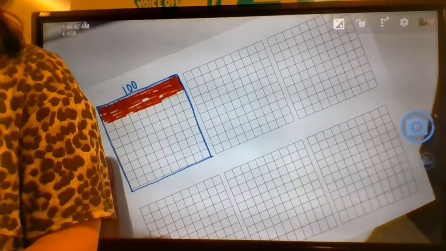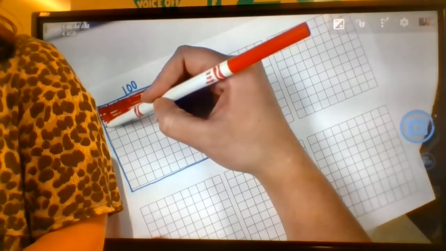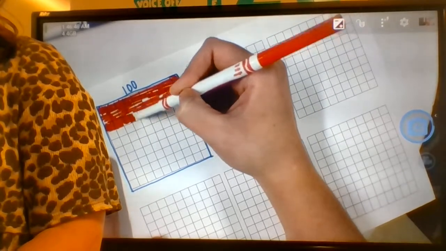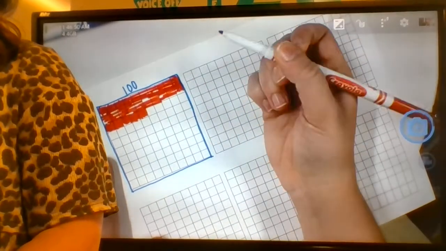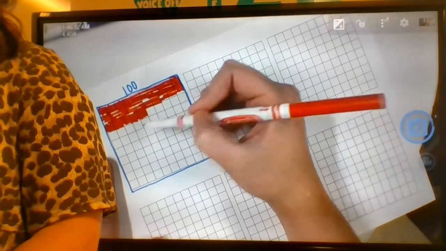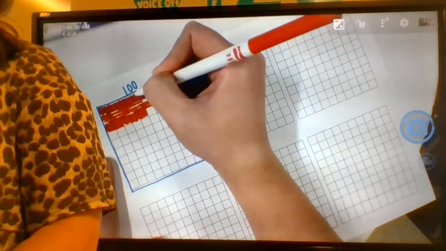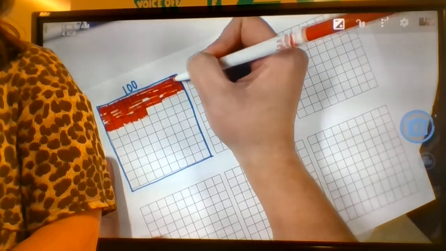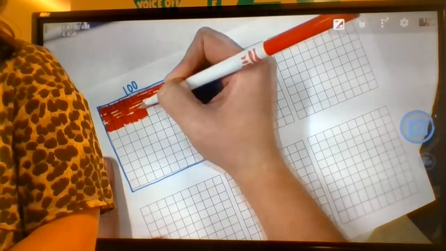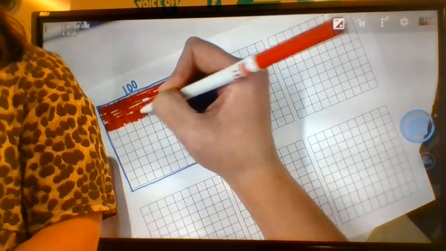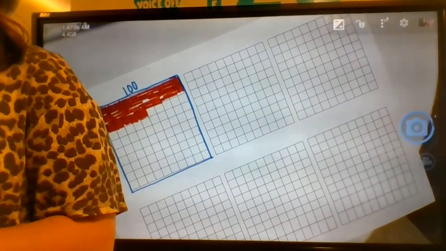And then for my nickel, I've got to color in 1, 2, 3, 4, 5. So if I count all of this up, I know that I have 1, 2, 3, 4, 5, 6, 7, 8, 9, 10, 11, 12, 13, 14, 15, 16, 17, 18, 19, 20, 21, 22, 23, 24, 25 cents.